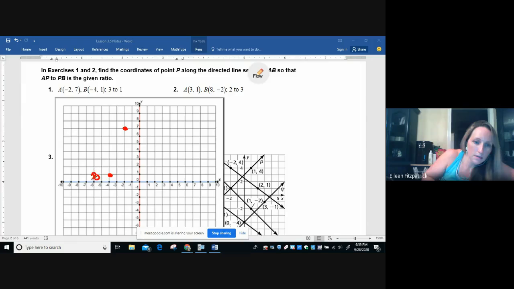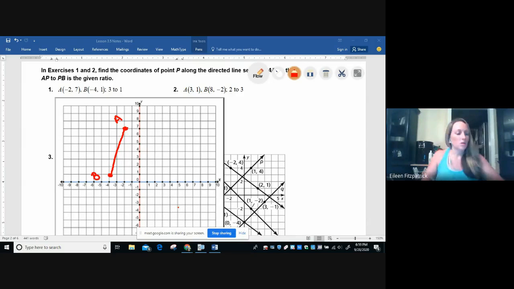This is B, this is A. Try to draw nice. Oh, that wasn't nice. Let me see if I can erase that without erasing the point. Try again. All right, that's pretty good.